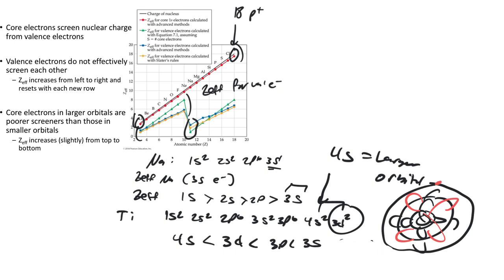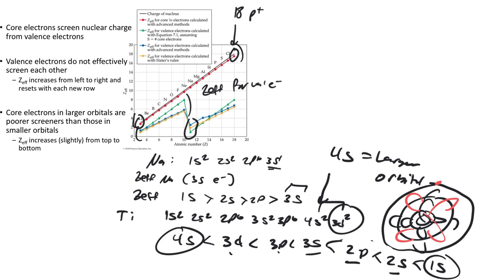As we go to a smaller subshell, those electrons experience a greater effective charge, such that the 1s experiences almost the full nuclear charge, the 2s a little less, then the 2p, and by the time we get out to the outer valence electrons, there's not much positive charge holding those electrons in place.